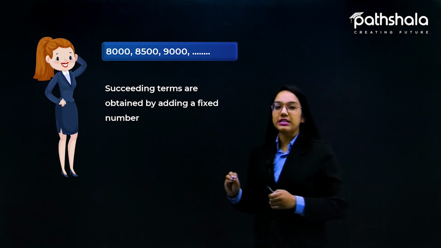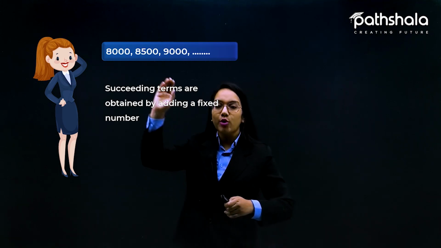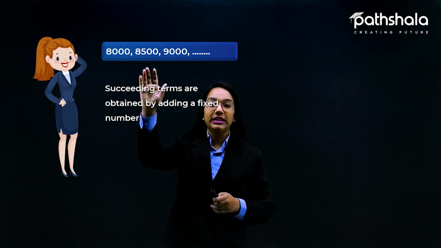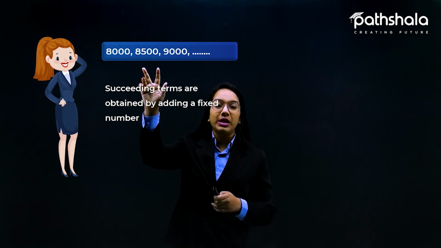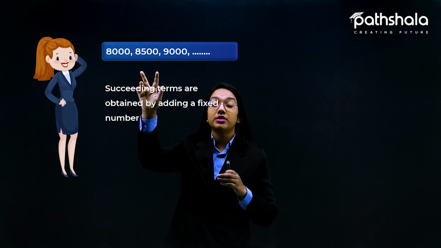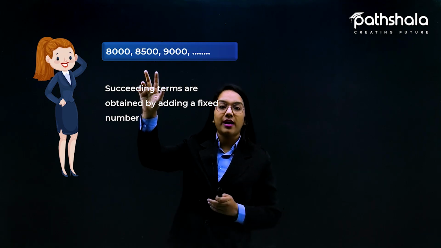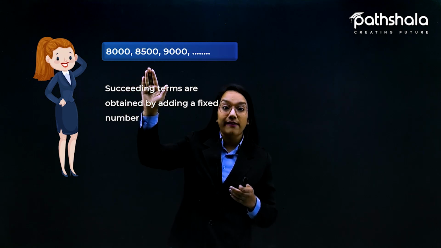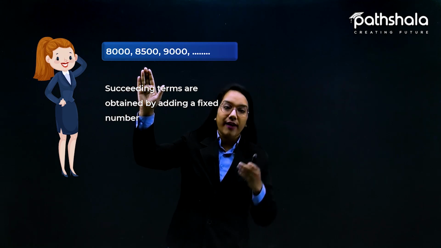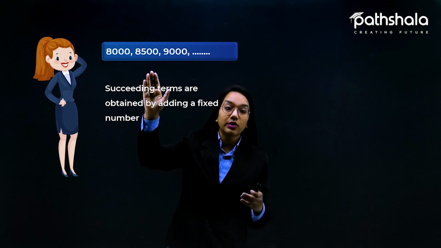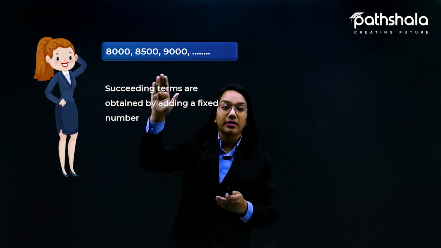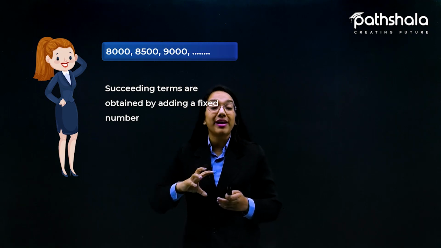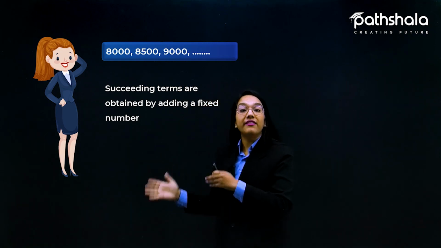You can see this all by yourself: the succeeding number, that is 8,500, is the number we get by adding a fixed number, that is 500, because if we add 500 to 8,000, we get 8,500. If we add 500 to 8,500, it is nothing but 9,000. So succeeding terms are obtained by adding a fixed number to the previous term.